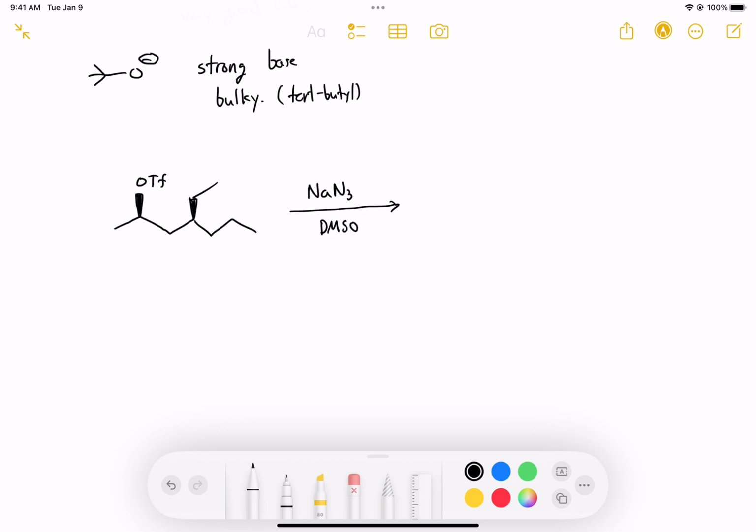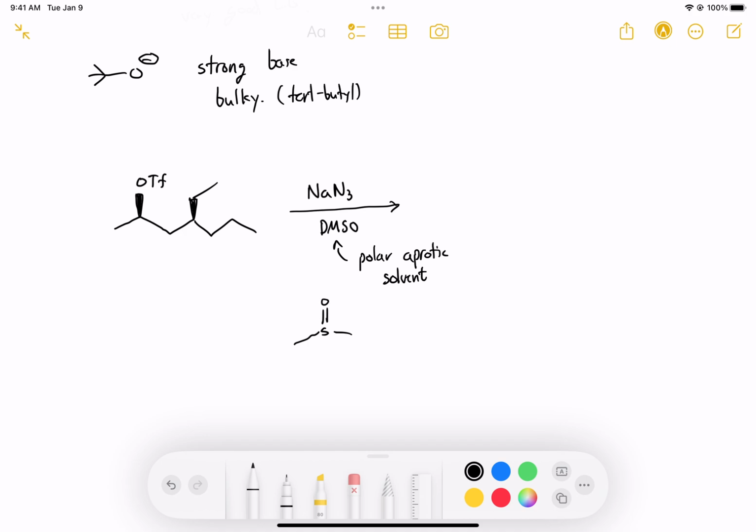So what's the major product of this group? So this is, remember, polar aprotic solvent. So this is DMSO. If no one knows what DMSO is, it's like this.